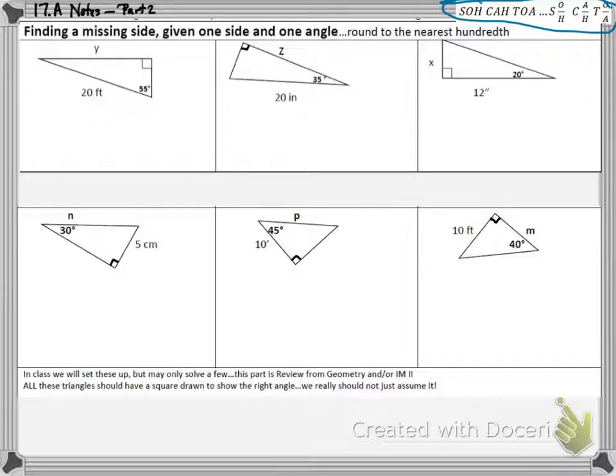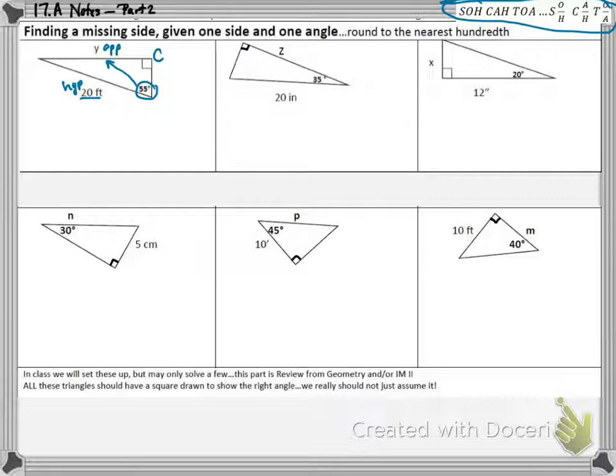Okay, first problem here. I have one angle, a 55-degree angle, and I have a known side. My right angle is at C, so this must be my hypotenuse. And I have one more side, and it looks to me like this side is opposite to the only angle I know.